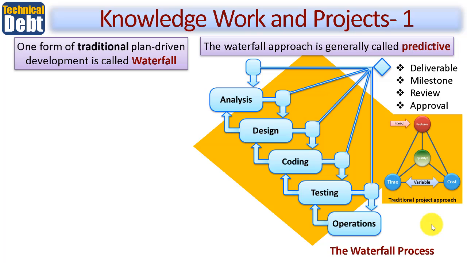You'll also be familiar with traditional project approaches, that you have what used to be known as the iron triangle. It's actually a pyramid, as you can see. And with a traditional project, because you analyze and develop your requirements up front and get them agreed and fixed, then the features that you're going to develop within that project are fixed.